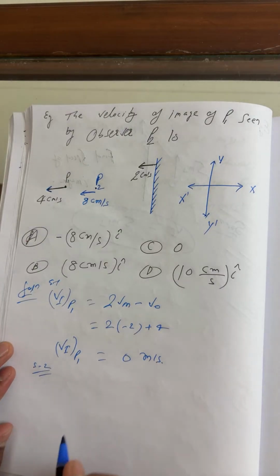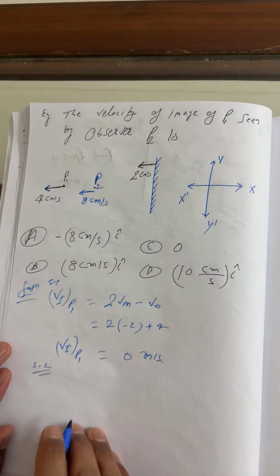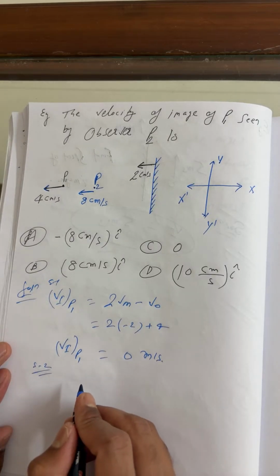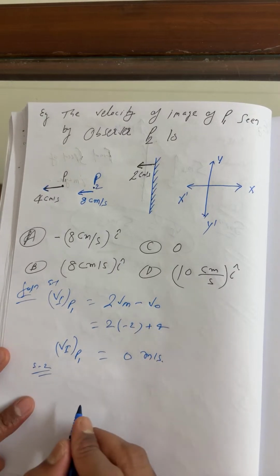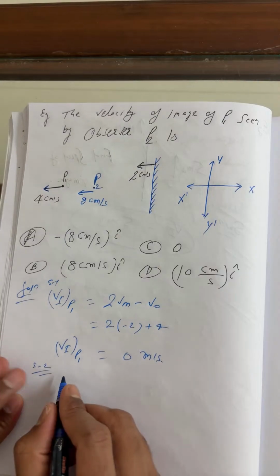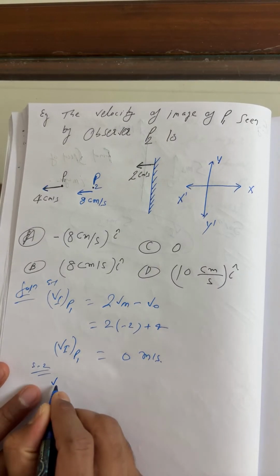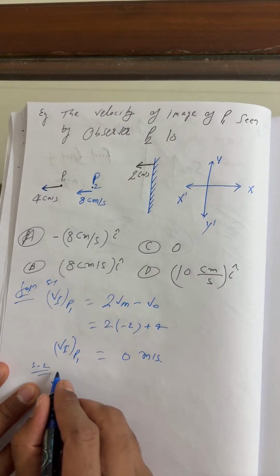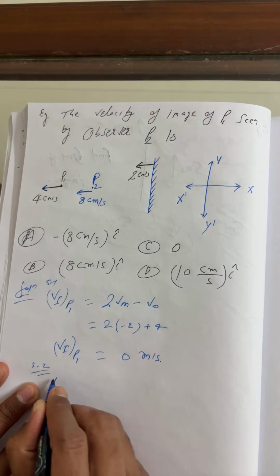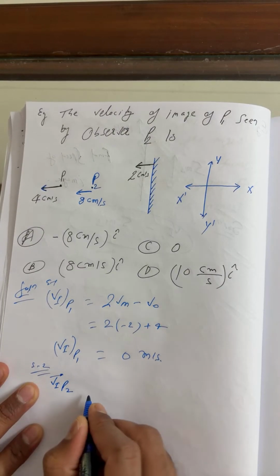Now we can also find the velocity of image, which I can say is step 2 here. Basically, velocity of image with respect to P2.